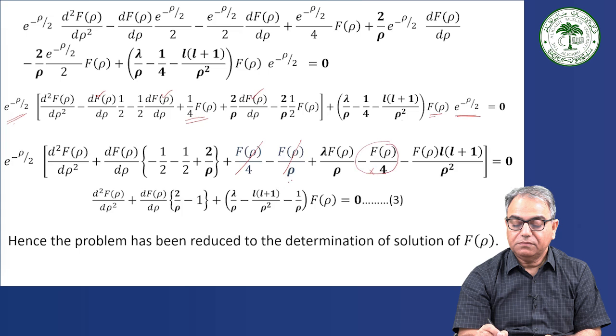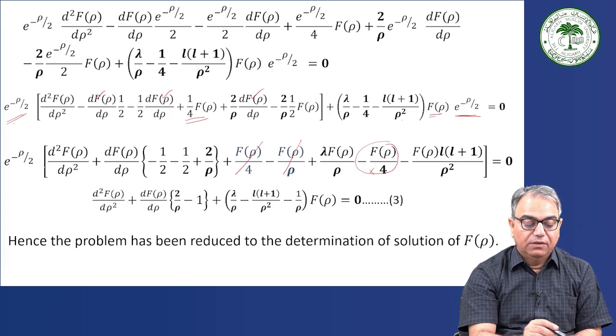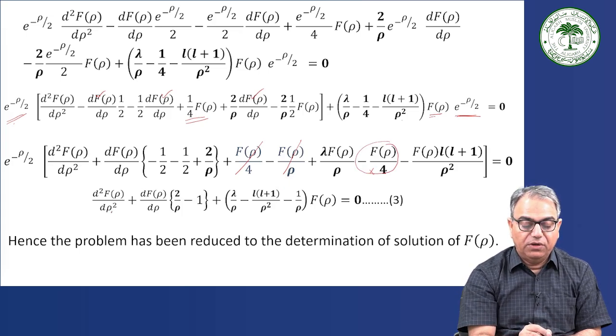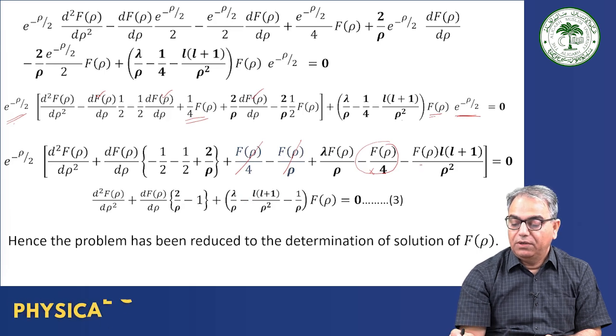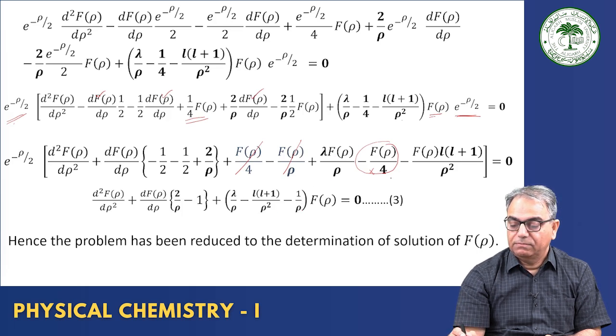Okay. So, what do you get? You get d square f rho divided by d rho square plus d f rho, and now minus will be 1. So, 2 divided by rho minus 1, and then you have lambda divided by rho, lambda into lambda plus 1 divided by rho square, into f rho.